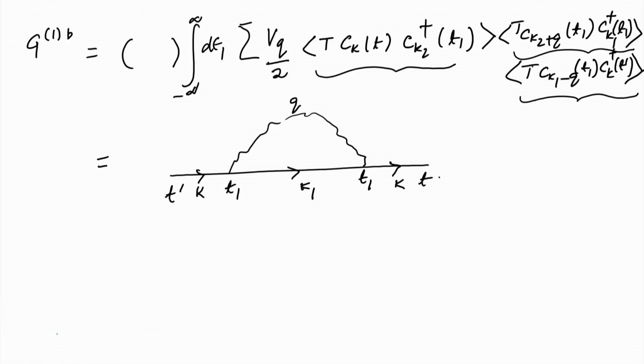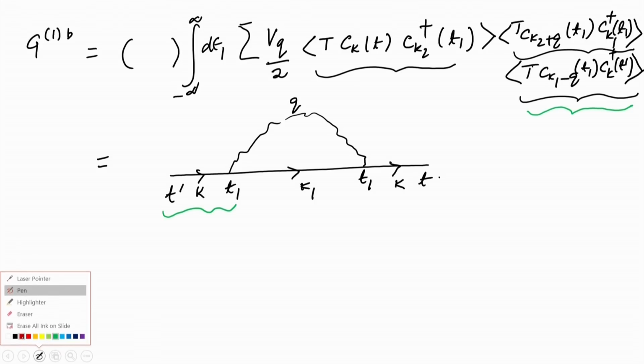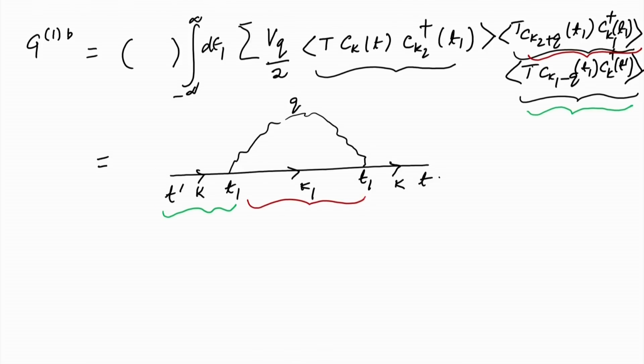And so again let us do this color. So, the green color that we see is a non-interacting Green's function that propagates from T prime to T 1 with a momentum that is k. So, because k equal to k 1 minus q, and then there is a Green's function that propagates from. So, then there is a red one that is here. So, that talks about a Green's function which goes from T 1 to T 1, but with a momentum that is equal to k 1.